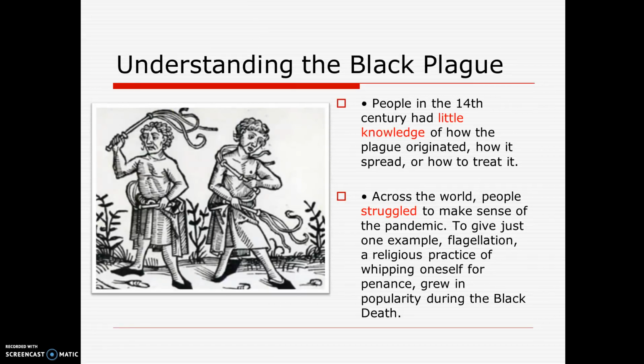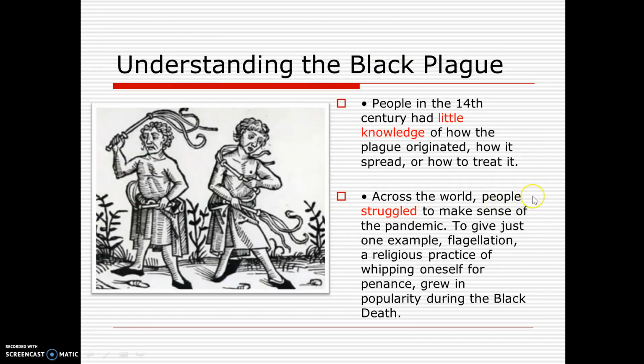And one of the reasons they did this was, as we talked about last week in your primary source, some people thought God was punishing them. And if they beat themselves and made themselves bleed in this way by flogging, if they were flagellants, then they were seeking penance. So they were punishing themselves to get forgiveness from God.